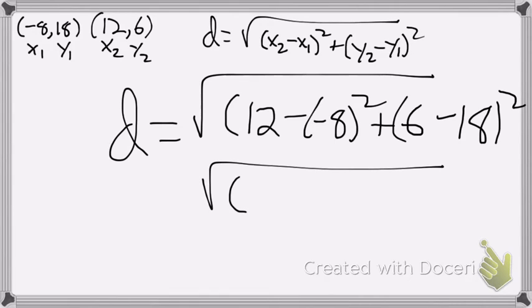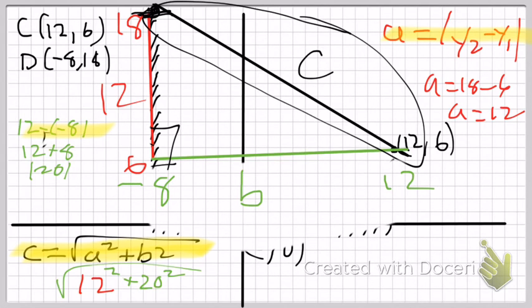So that gives us 12 plus 8, which is 20 squared, plus 6 minus 18, which gives us -12 squared. Again, keeping in mind that -12 squared and 12 squared are the same thing, let's look back here at the graph, and hey, look at that.